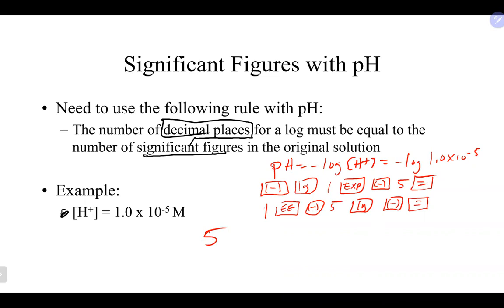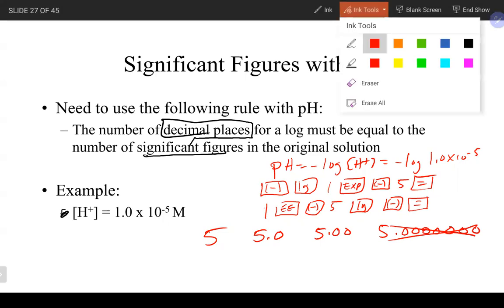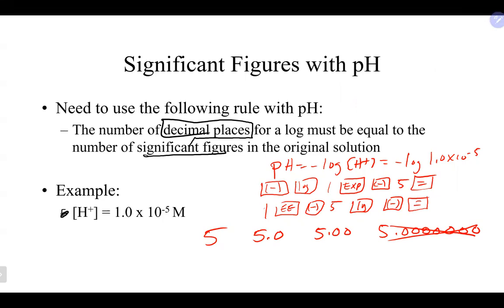So 5 is the pH of the solution, but how should we report it? Should we report it as 5, 5.0, 5.00, 5.0000000? That feels like a lot of zeros, so we'll eliminate that one. What should be the proper reporting of this pH value? The rule says that the number of significant figures in our concentration, which is a number written in scientific notation, means all the numbers that come before the times 10 part are significant.